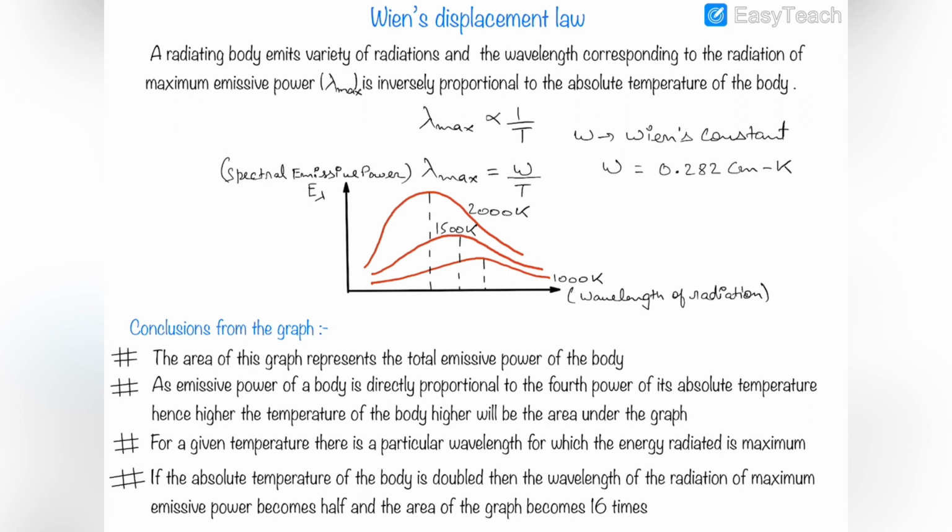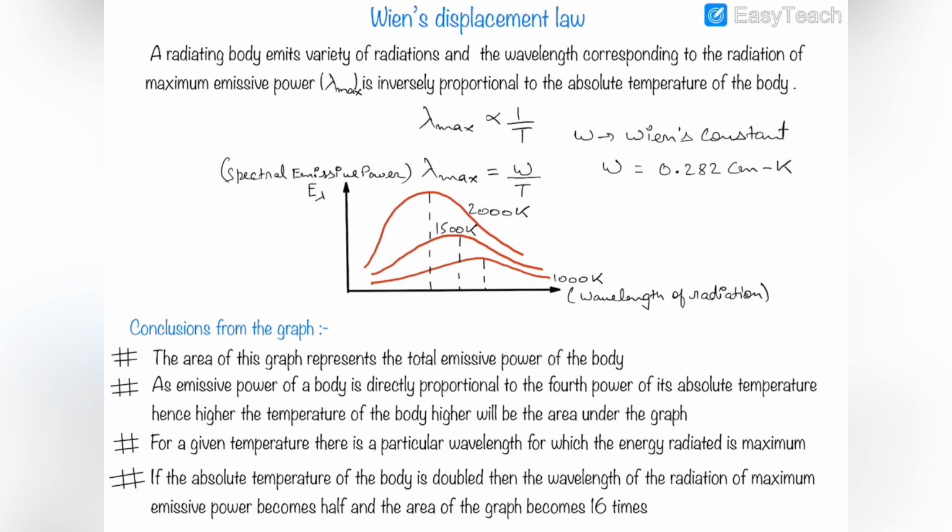In that case, the radiation emitted by our body is in the infrared and red region. So our face appears slightly red, and there are many examples of Wien's displacement law.